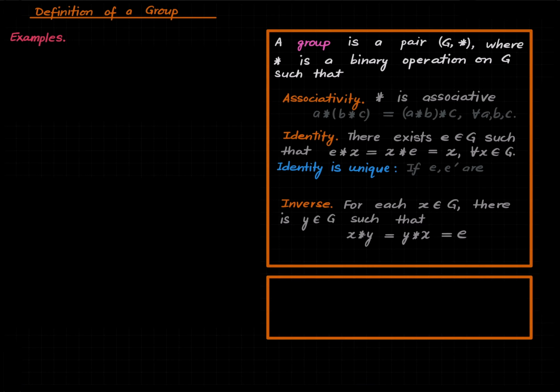So suppose we have two different identities, then by definition, what is e star e prime? If you think of e prime as x, then e star e prime is e prime. But if you think of e as x and e prime as the identity, then you get e as your answer. So this is also equal to e. That's it.